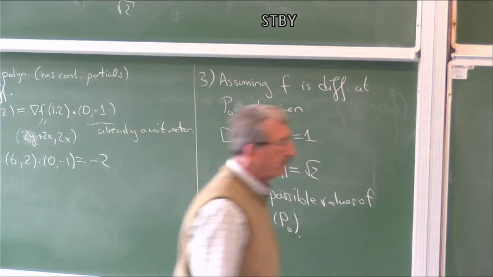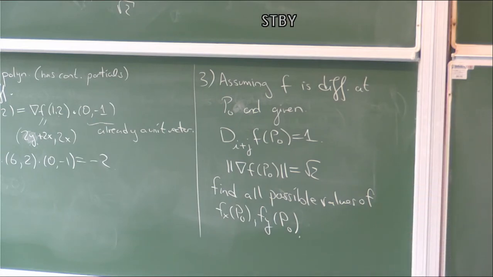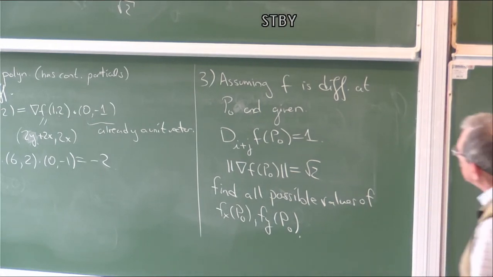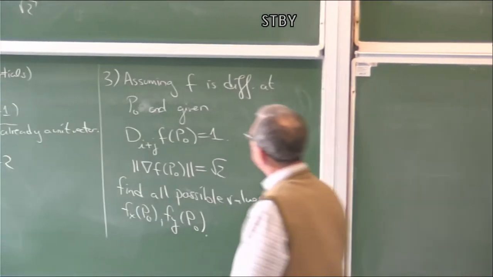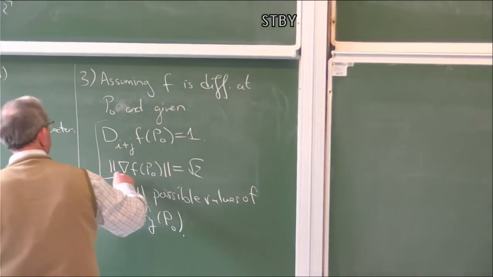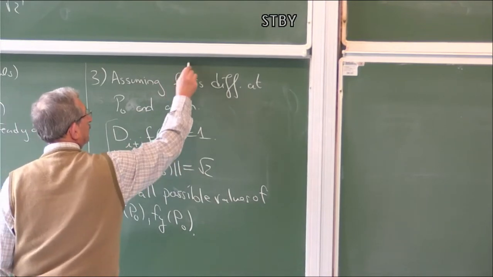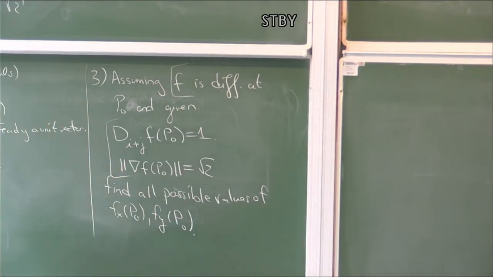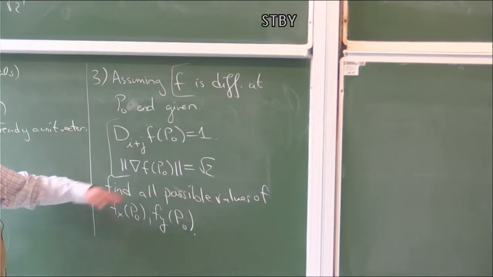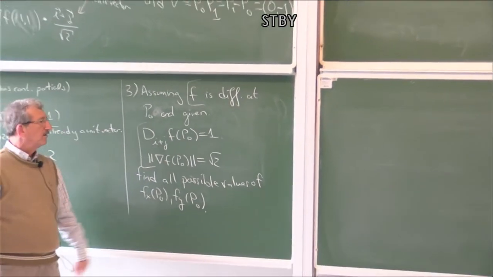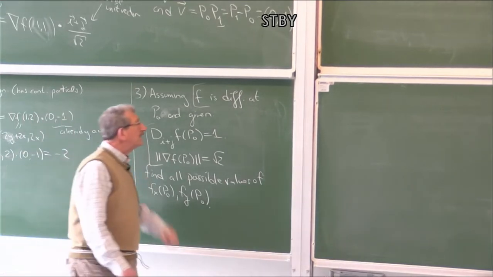Okay. Well, now let us use what is given to us. Actually, there are three things given: f is differentiable, a certain directional derivative is given, and the length of the gradient is given, all at P0.